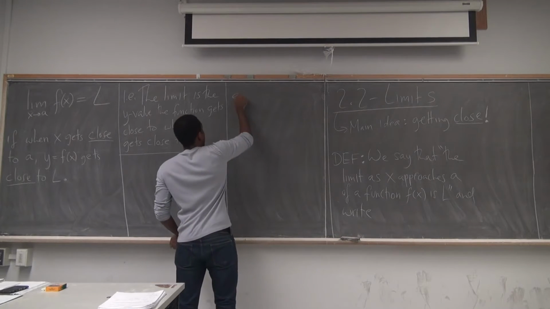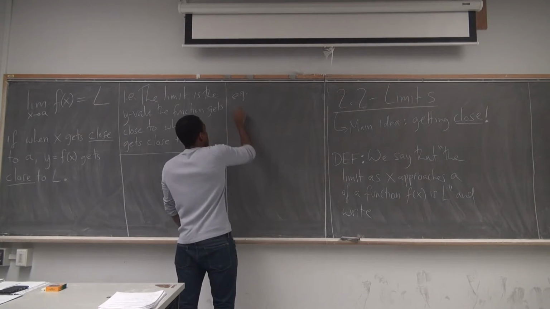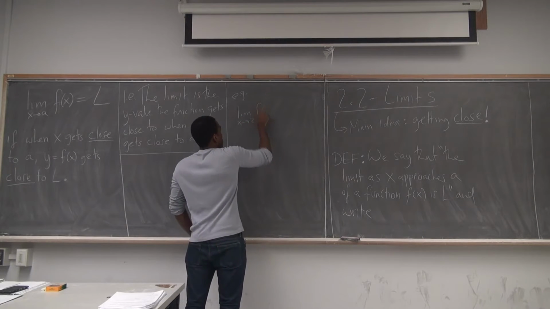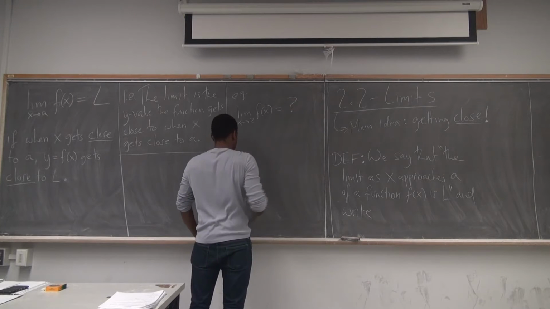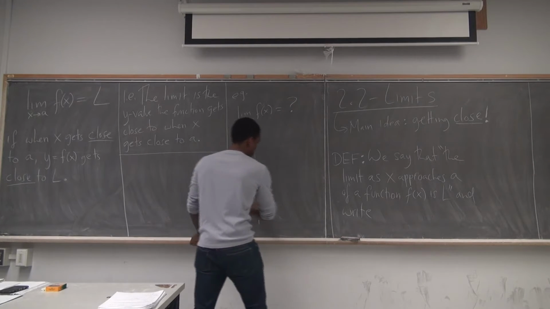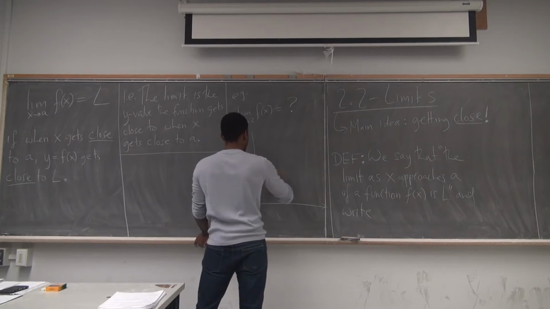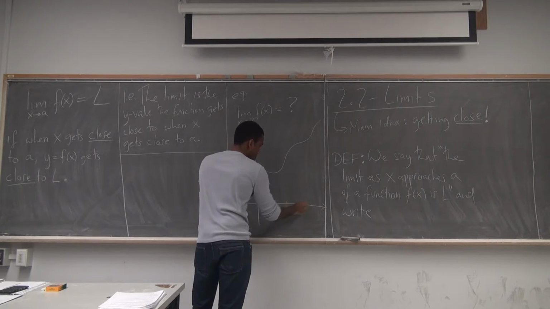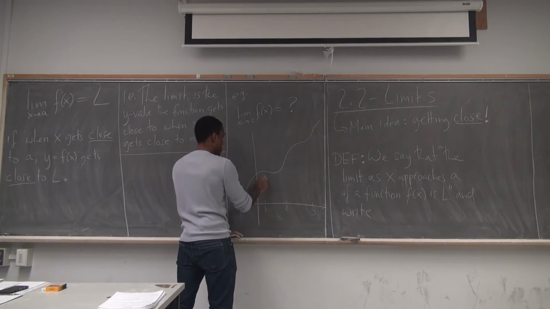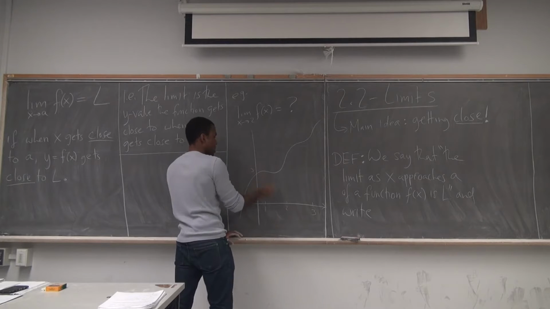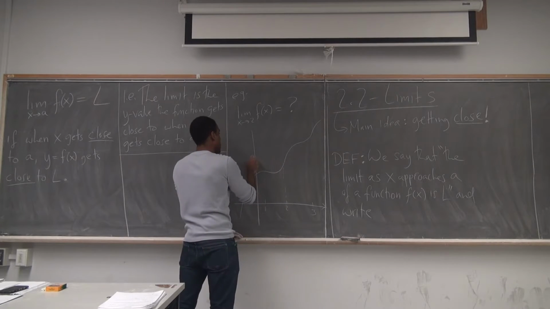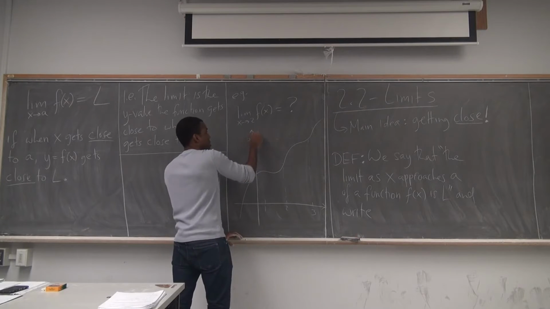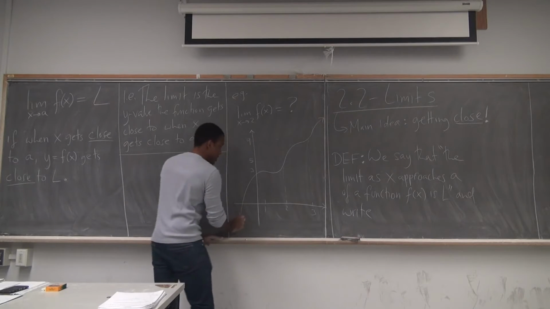Let's start out pictorial. So if I say, what is the limit as x gets close to 2 of this function? Here's some random function that I just made up.